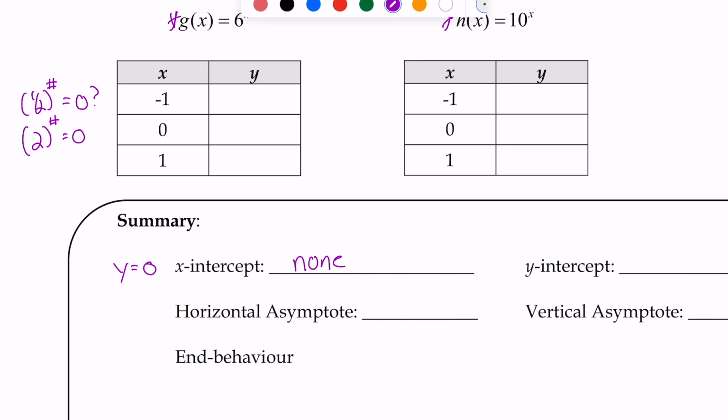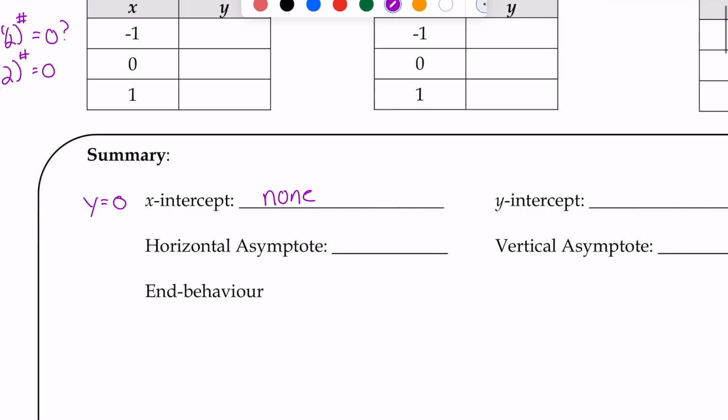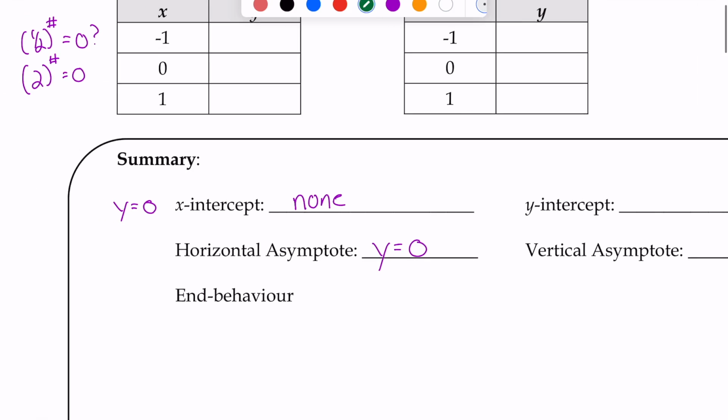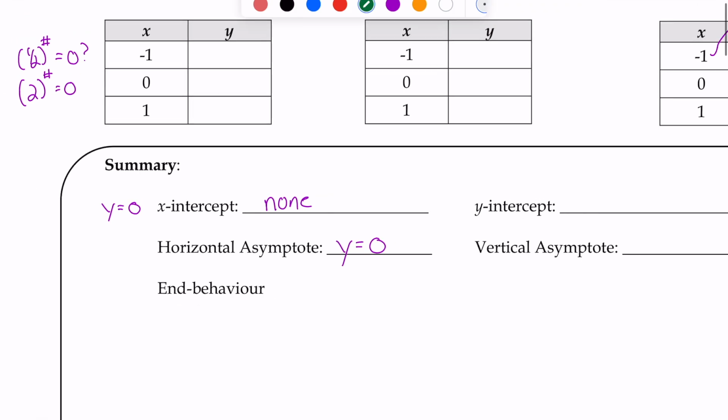And the reason for that is there is a horizontal asymptote at y equals 0. And how do I know that? How do I know that at y equals 0, there's a horizontal asymptote? Well, for one, this way, right? Any number, I know that I'll never get an output of 0, meaning that these functions will never hit 0.